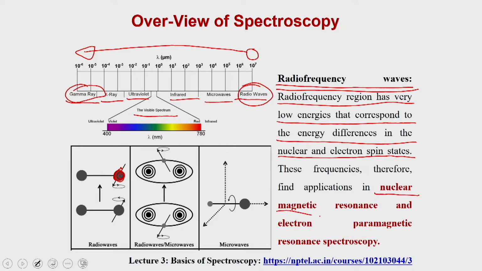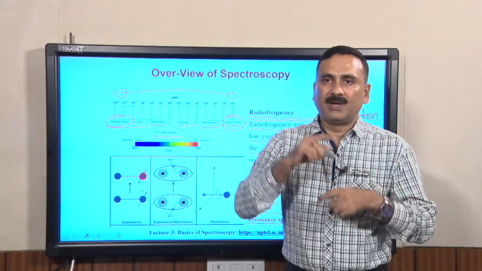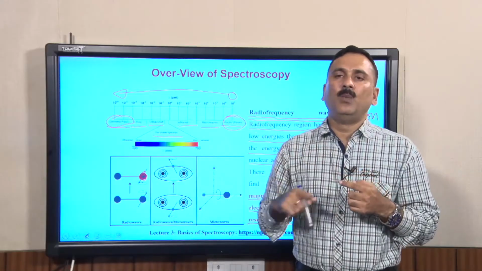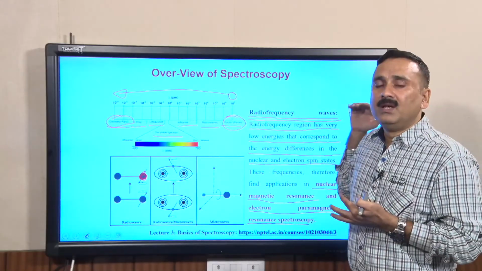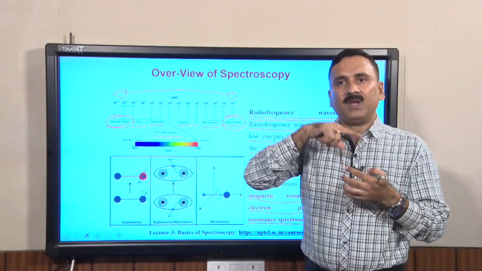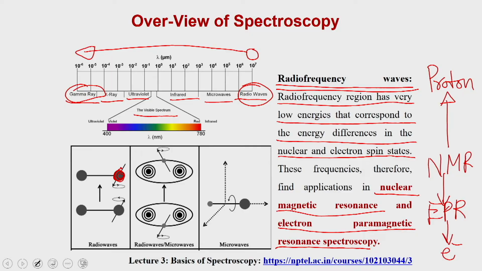You can use them for nuclear magnetic resonance, which is called NMR, which studies the rotation movement of the protons. Or you can use electron paramagnetic resonance spectroscopy, EPR, to study the rotation movement of electrons, whereas you use NMR spectroscopy to study the rotation movement of the protons present inside the nucleus.